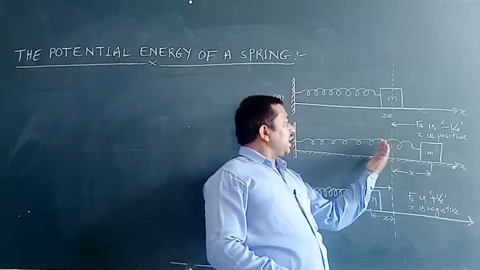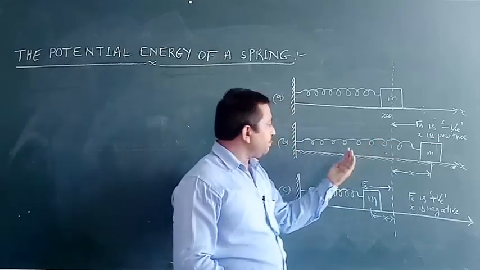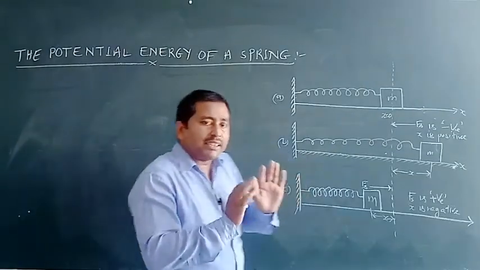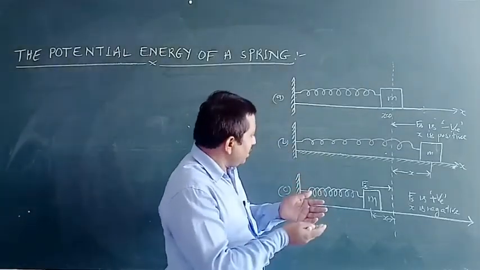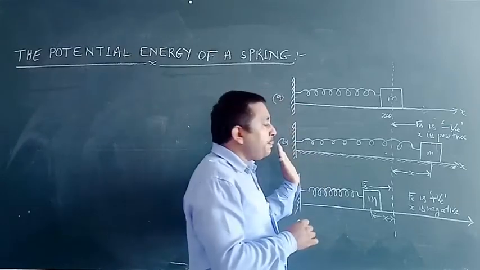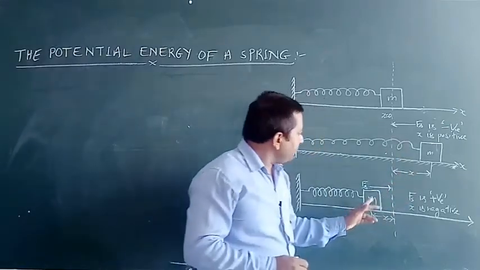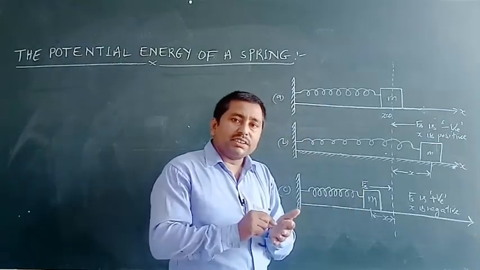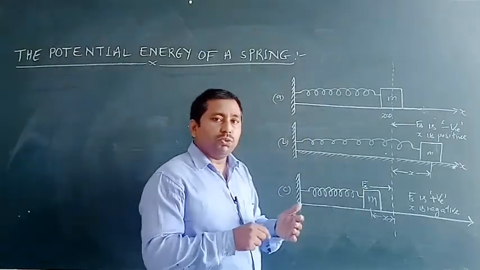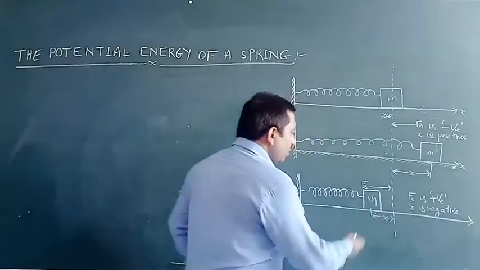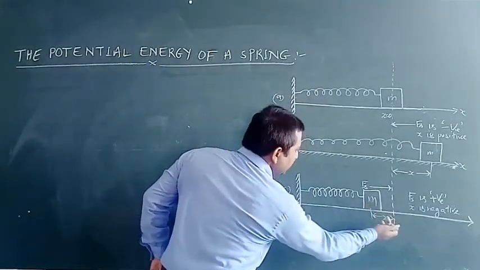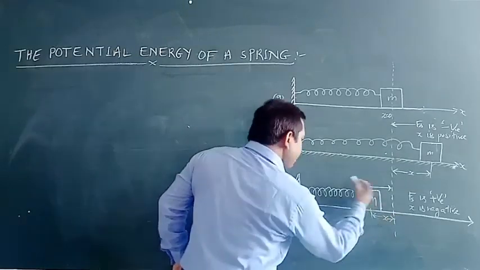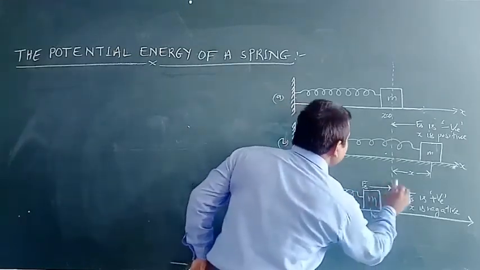When the object moves to the left side of the mean position, the spring contracts and applies another force on the object by pushing it, because when the spring is compressed, it exerts a force known as the restoring force in the opposite direction. So if the object's displacement is towards the left side, then the spring force acts towards the right side.